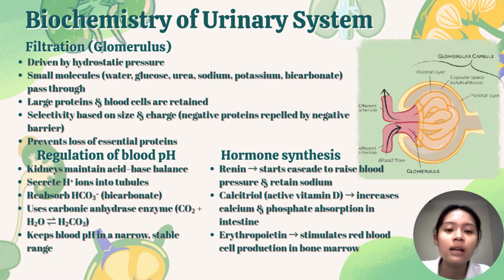This process relies on the enzyme carbonic anhydrase, which catalyzes the reaction between carbon dioxide and water to form carbonic acid, which is the intermediate that helps buffer blood pH. Through these mechanisms, the kidney keeps our blood pH within a narrow, stable range, which is very important for enzyme function and overall cellular health.